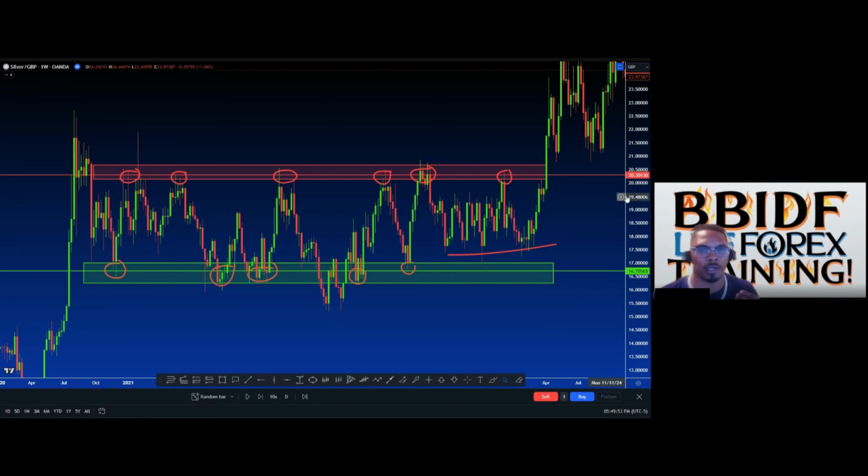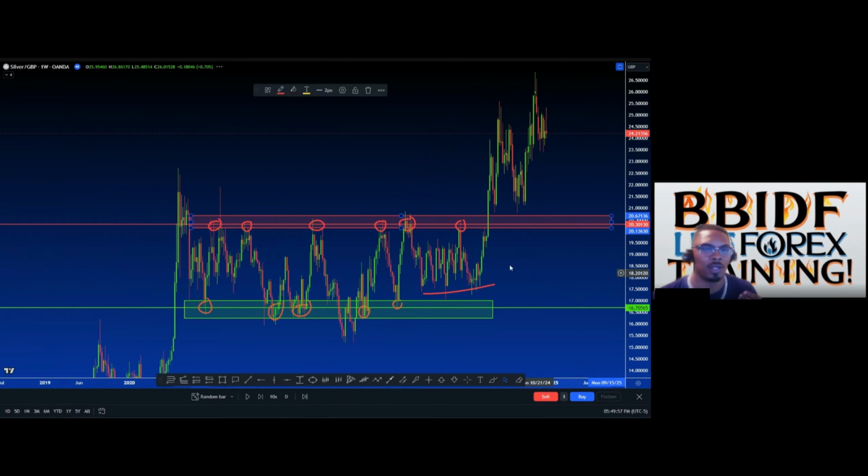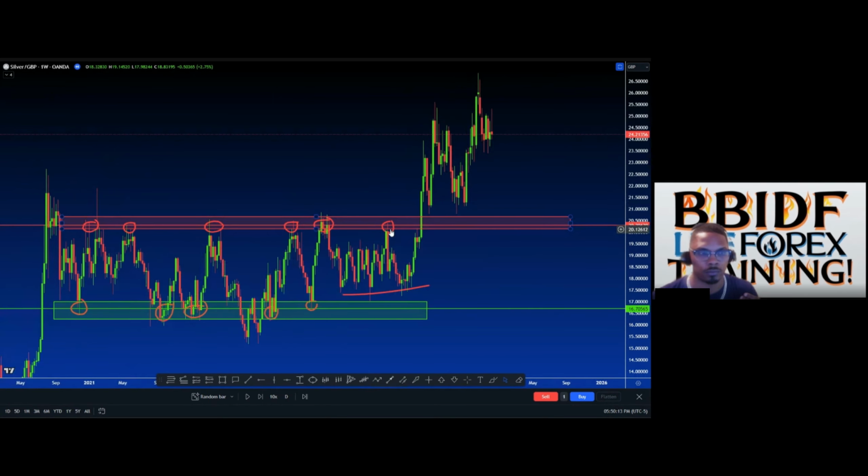Then we have an interesting thing that happens. I'm going to expand resistance out. And now look, all in the past, right here: respect, drop, respect, drop, respect, drop. Uh-oh, what happened here? We broke that zone. Guys, whenever a zone gets broken, it turns into the opposite zone.